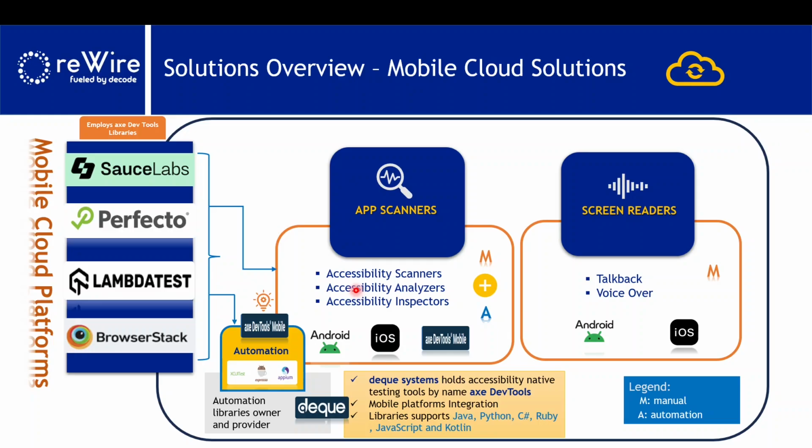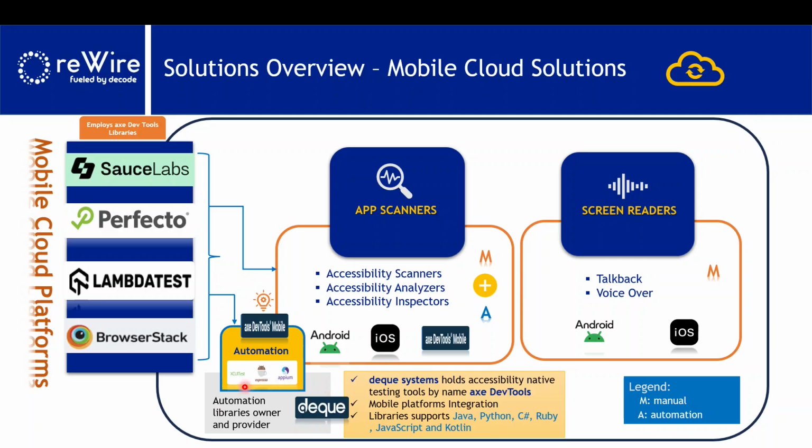In addition, to bring automation capability, they have taken the Axe DevTools integration and provided their own features. That's why I have kept this as manual plus automation. And Axe DevTools has its own infrastructure and its own tool capability.